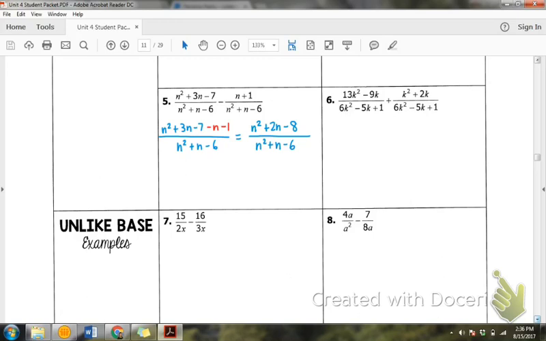Yes? Why is the negative n negative 1 in the first item? Why are they negative? Why are they on that side? Because remember, the first step is to write this whole thing as one problem. That's what we've done in the first 4 problems. We wrote this all over one big denominator.